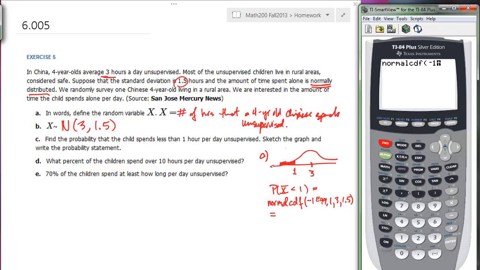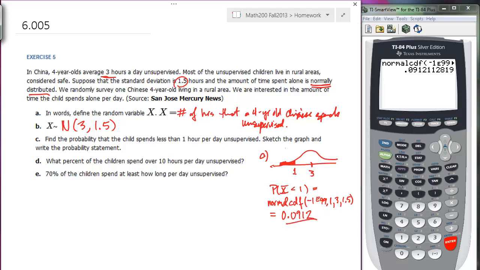And then the E is the second function right above the comma. That's E to the 99th power. I'll hit comma. And then we have a 1, comma, 3, and then a 1.5. And so if we press enter, we get 0.0912. So that's our probability.